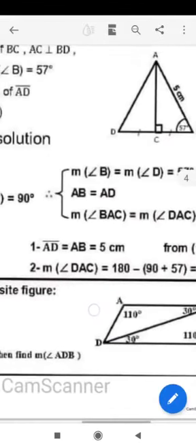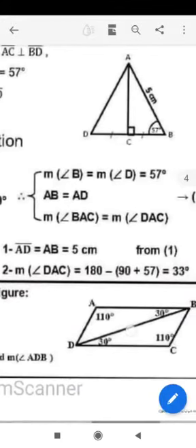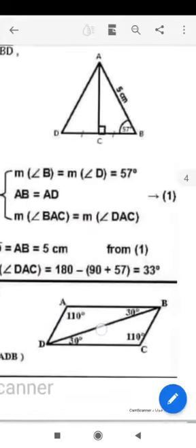If we want to find the measure of angle DAC, it will be 180 minus (90 plus 57), which is 33. Why do we use 180? Because the sum of all interior angles of a triangle equals 180.